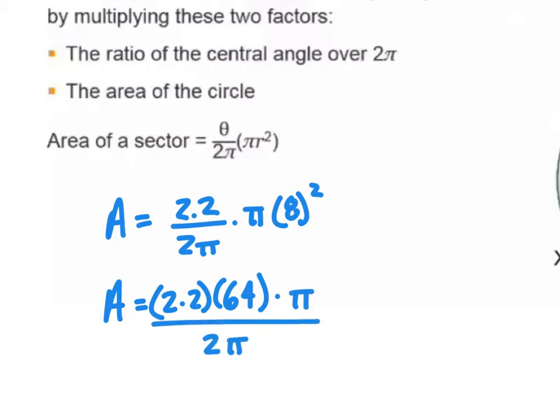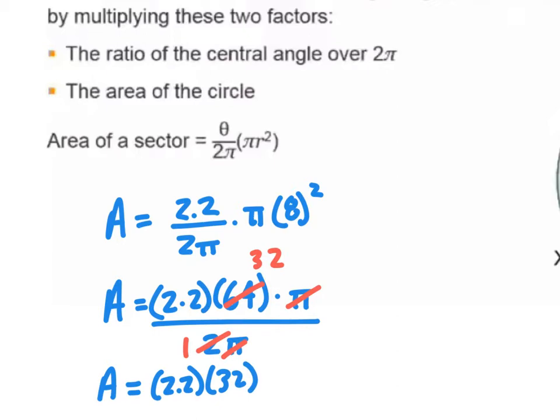Now, the cool thing about this one, you really don't need that much of a calculator. We can divide some things out here. I know that pi and pi are going to divide out. I also know that 64 over 2 simplifies to 32 over 1. So my new area becomes 2.2 times 32.